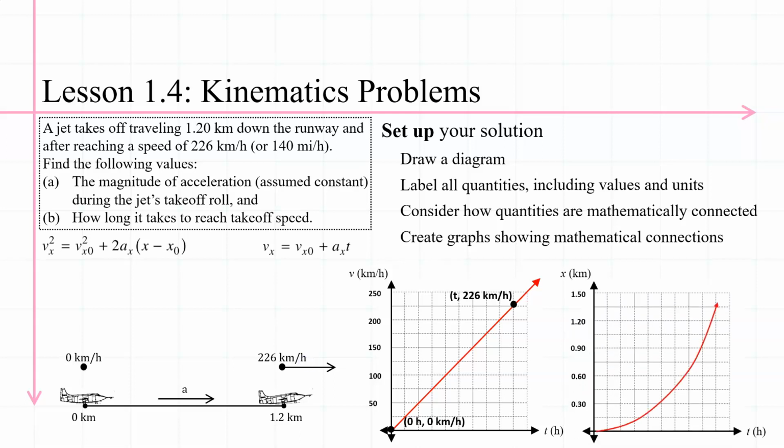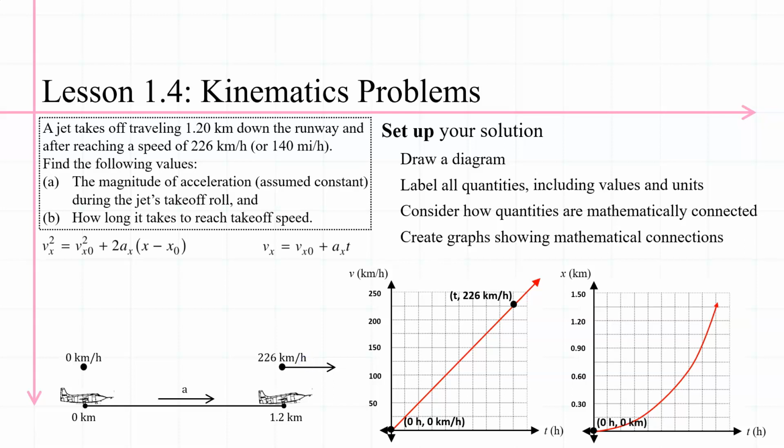Now I'm just going to bring in another graph here because this is the easy one to understand, the position time graph. And as my plane moves along the runway, it's increasing in speed, which means that it's going to increase the rate at which it's gaining position. That's why this is a parabolic graph. Do I know points on this graph? Well, I sure do.